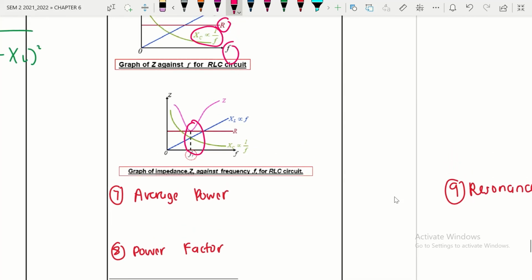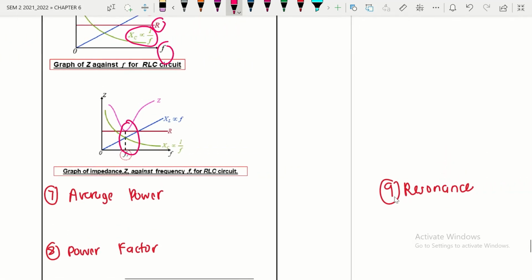The graph show bila low frequency, at low frequency maksudnya frequency awak ni lebih kurang daripada your resonance frequency, you punya impedance is large. Z is large. Why? Sebab 1 over omega C is large. Okay? Sebab itu, dia punya impedance adalah besar.